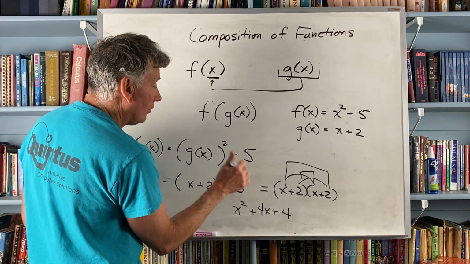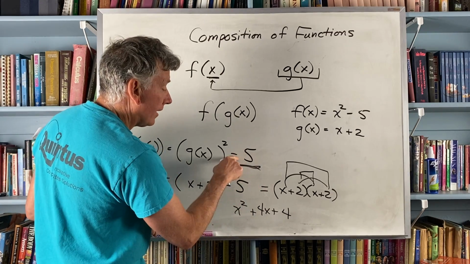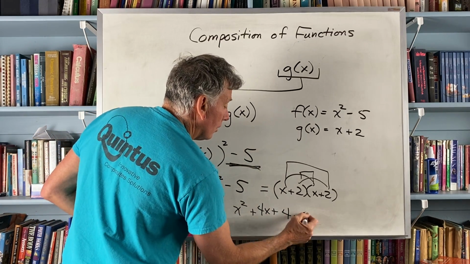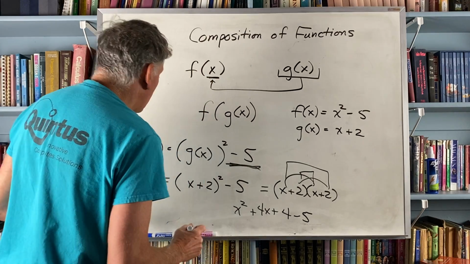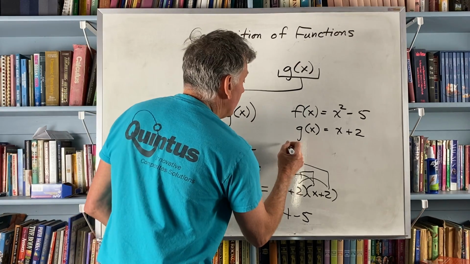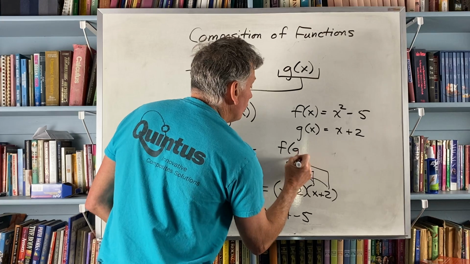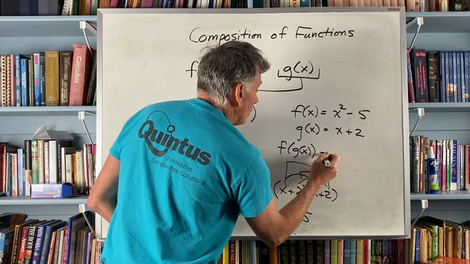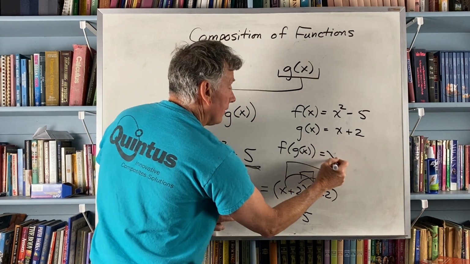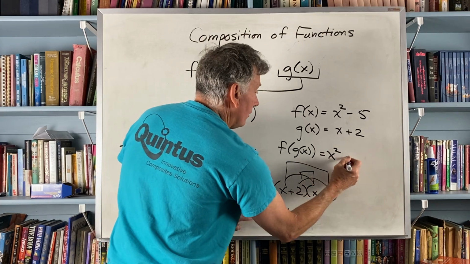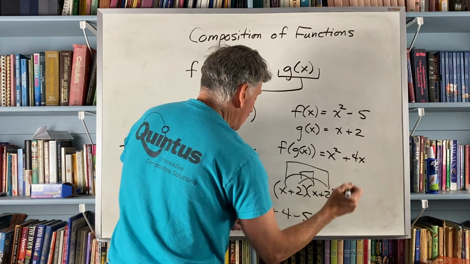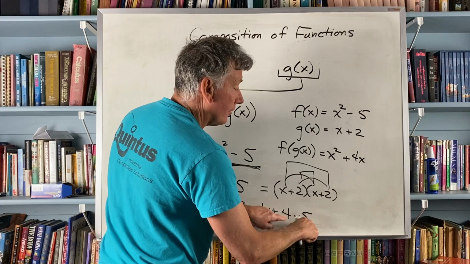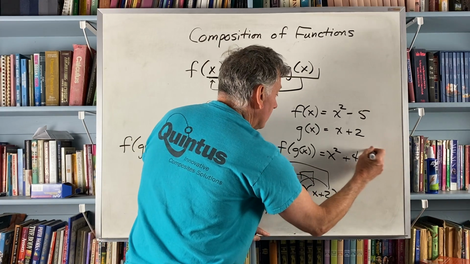But then I have to subtract the 5. So, finishing off, f of g of x is going to be x squared plus 4x plus 4 minus 5, which is minus 1.